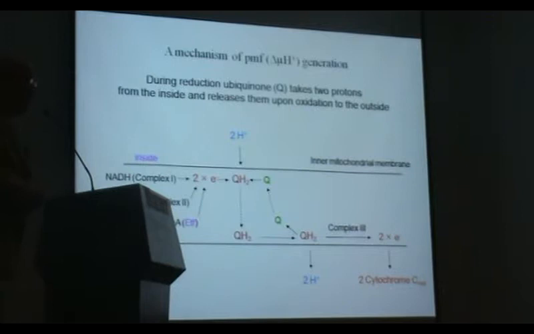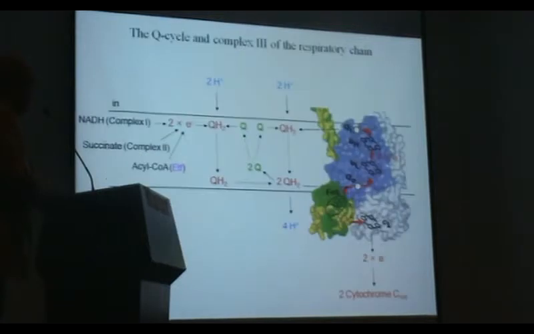So we have a partial Q cycle, but this is only half of the story. In reality, 4 protons are pumped through the membrane, and this is done by electron bifurcation.